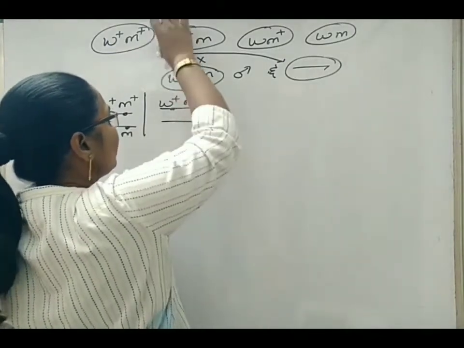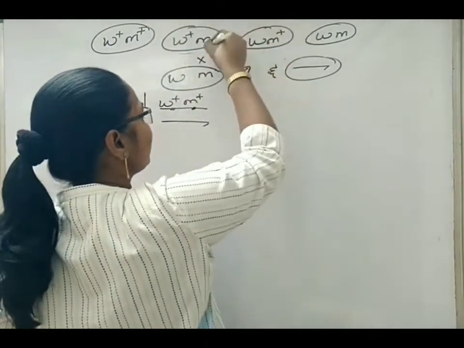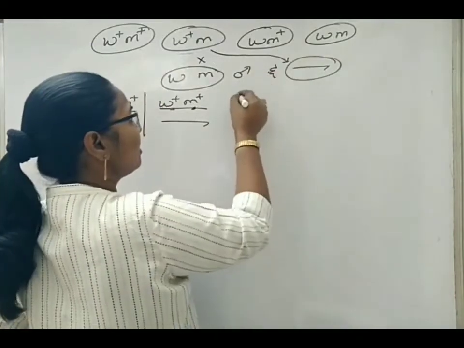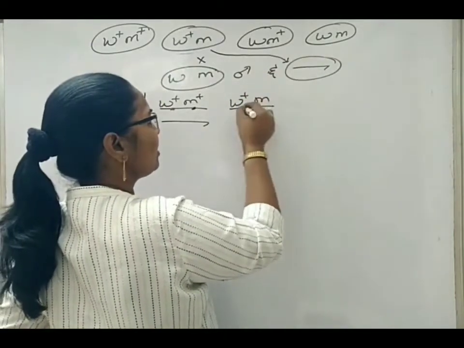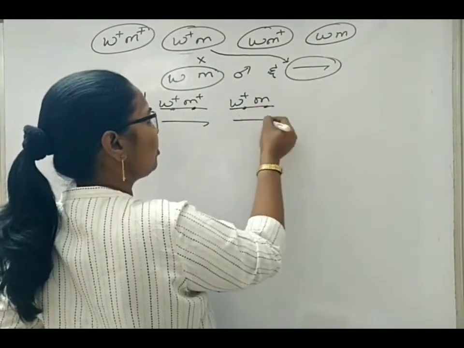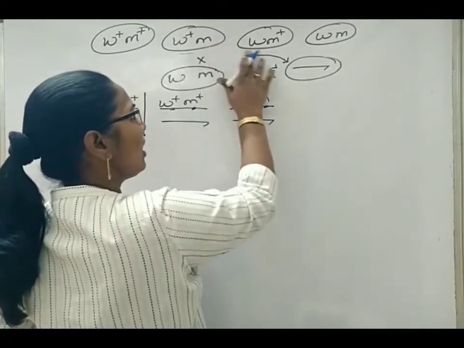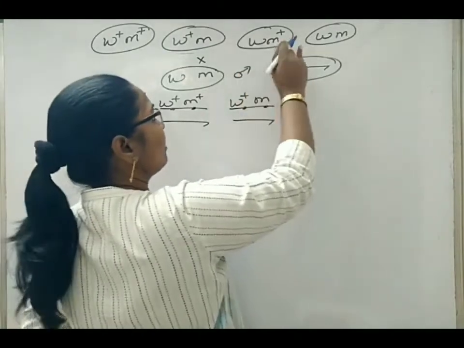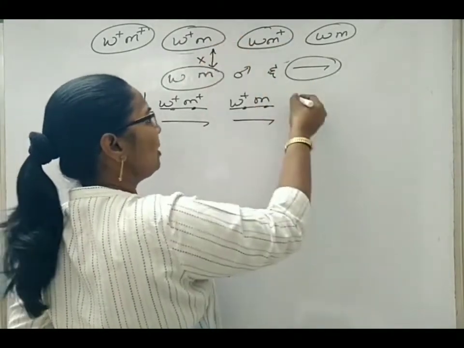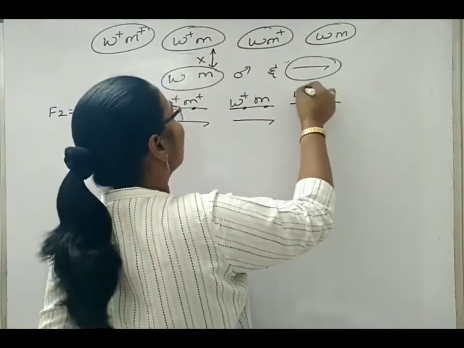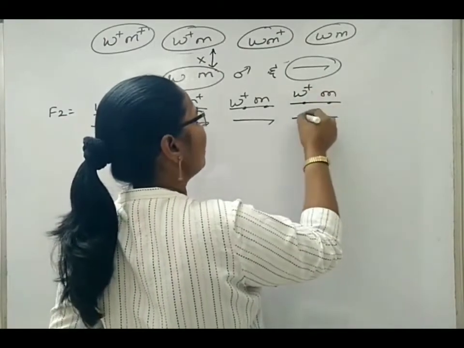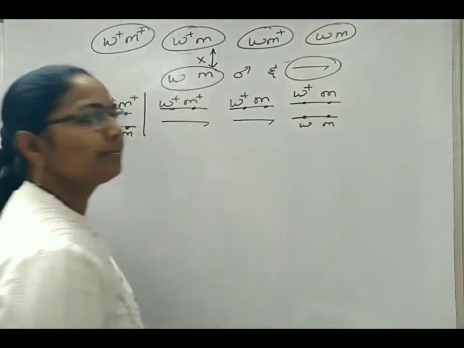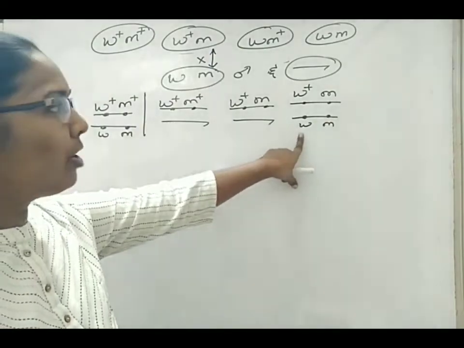Now let's do another type of cross, that is one dominant allele, one recessive allele with that of Y chromosome. So we have got a special type of recombinant here. Now let's cross this one with a purely recessive form of alleles. So it can be like this. Here also we have got one more recombinant.